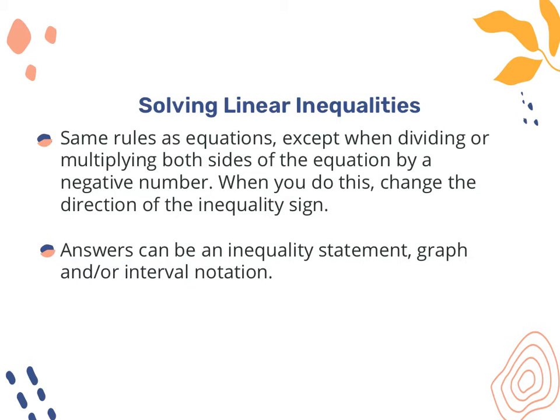So it's the same rules as equations, except when you're dividing or multiplying both sides by a negative number. If we do that, then we change the direction of the inequality sign. So if I had 2x is greater than negative 10, and I divide both sides by 2, nothing changes.